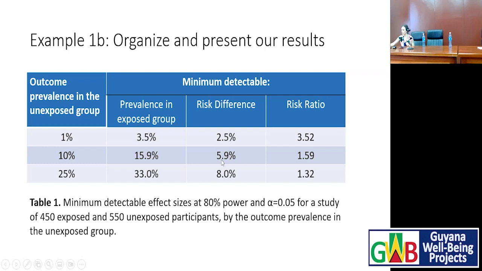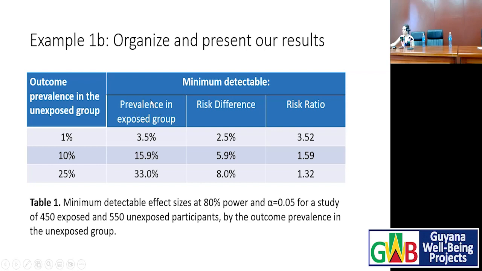So that's the 5.9% in the depression group, and then 2.5% and as high as 8%, depending on our outcome prevalence in the unexposed. And what you can note here is the way I filled out this table is I started with that, and then also used these other factors that we could calculate.